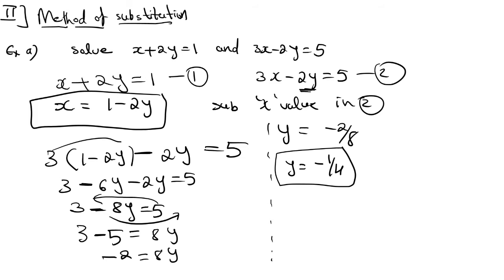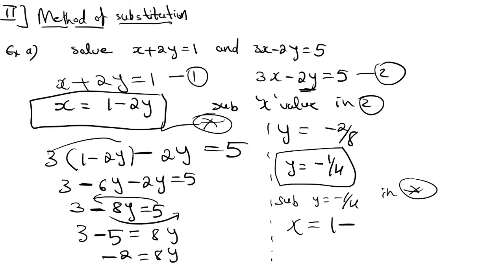Then what you have to calculate? Then you need to calculate x value. So substituting y equal to minus 1 by 4 in equation star. Okay, take this as equation star. Okay, x equal to 1 minus 2 into y value is minus 1 by 4. Okay, x equal to 1 minus into this minus.